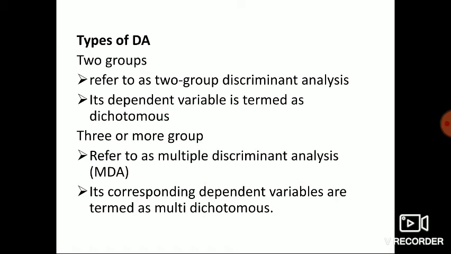In two group discriminant analysis, the dependent variable is called a dichotomous variable. But in three or more group discriminant analysis, the dependent variable is called a multi-dichotomous variable.